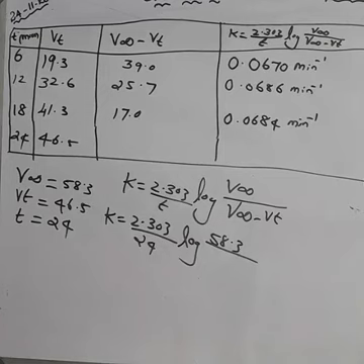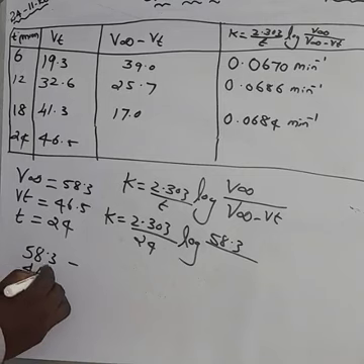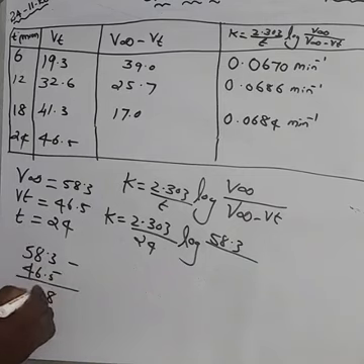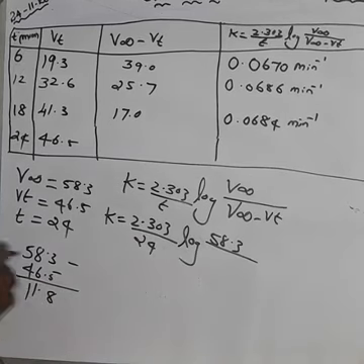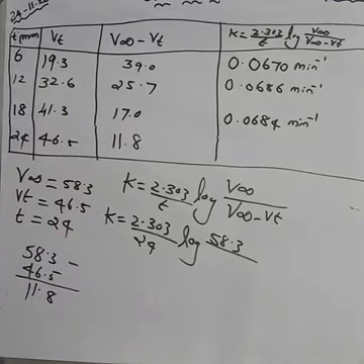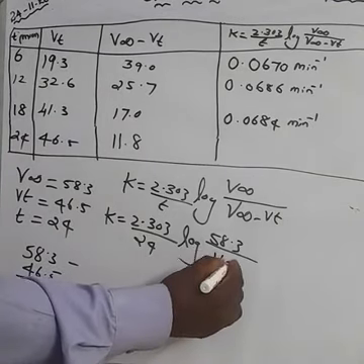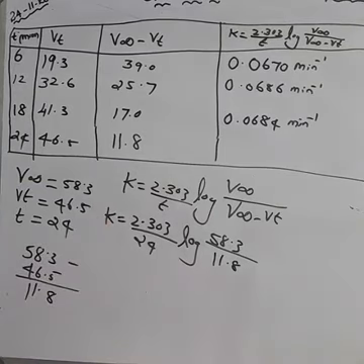That we shall calculate. V infinity minus Vt is 58.3 minus 46.5, which gives 11.8. So here we shall write 11.8. Okay.